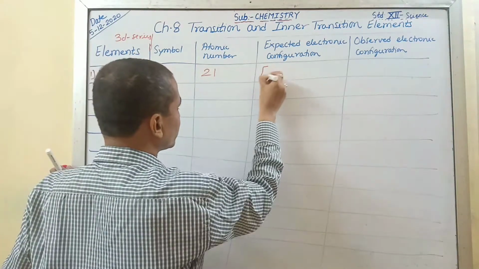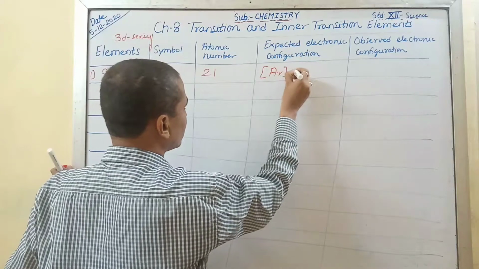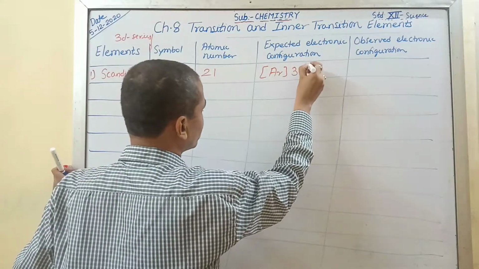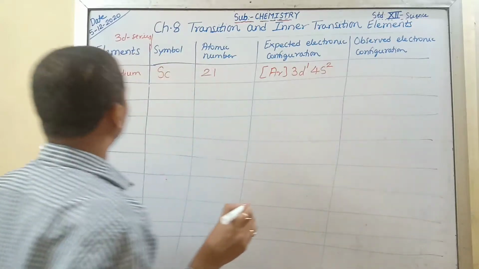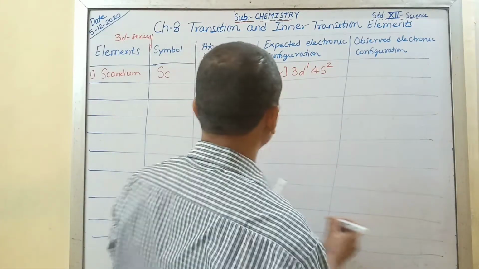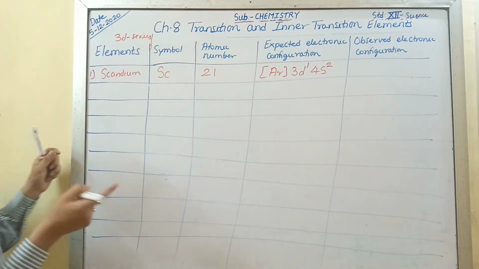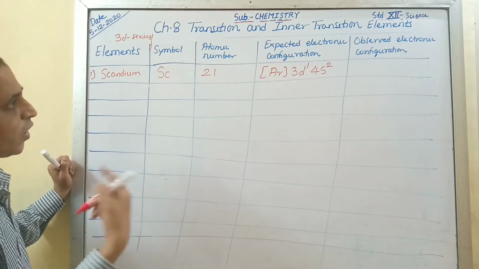The expected electronic configuration can be written as Ar, and you know that the last electron enters the d orbital, so it becomes 3d1 4s2. For scandium, the observed electronic configuration is also the same, but we will write down the observed electronic configuration afterwards.